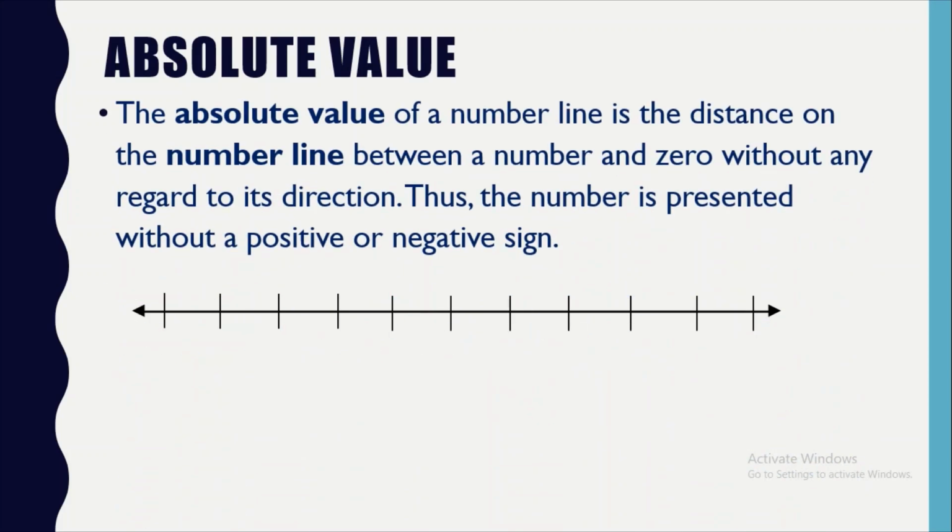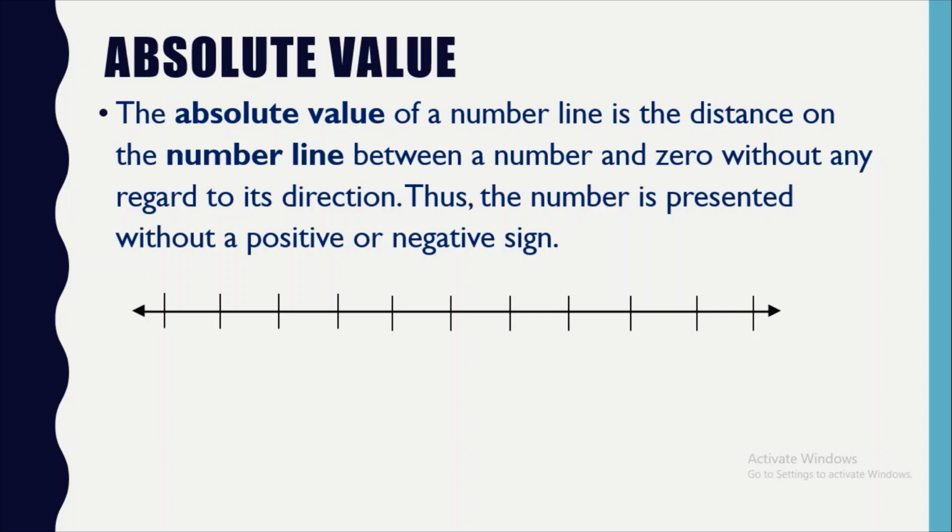The absolute value of a number on a number line is the distance on the number line between a number and 0 without any regard to its direction. It might be going to the left or going to the right. Thus, the number is presented without a positive or negative sign.